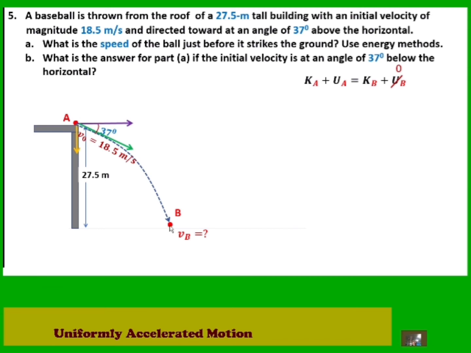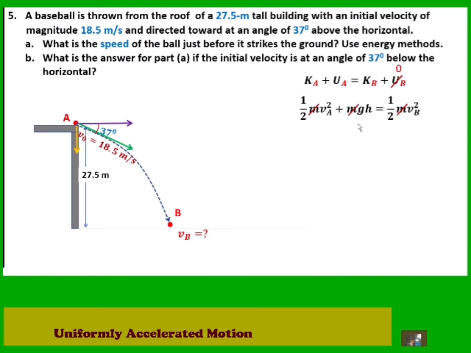We consider point B as the reference level. At point A, its kinetic energy is 1/2 m v sub A squared, and its potential energy is mgh. And at point B, its kinetic energy is 1/2 m v sub B squared.